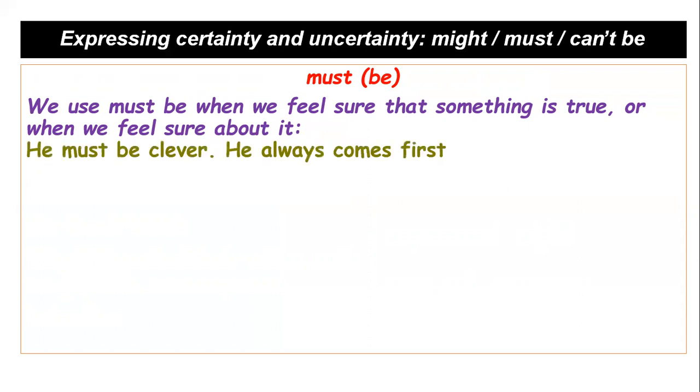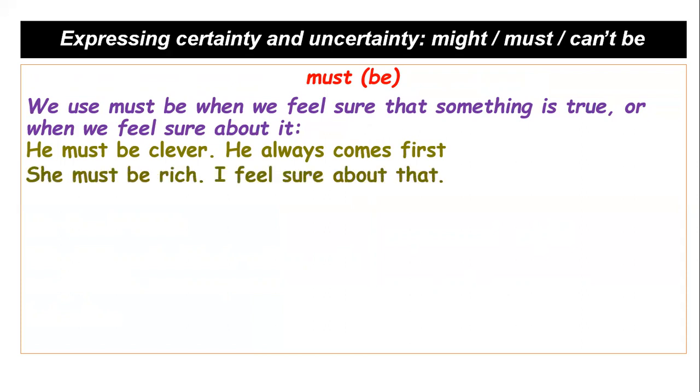He must be clever. He always comes first. Okay. Example number two, she must be rich. Why? I feel sure about that.